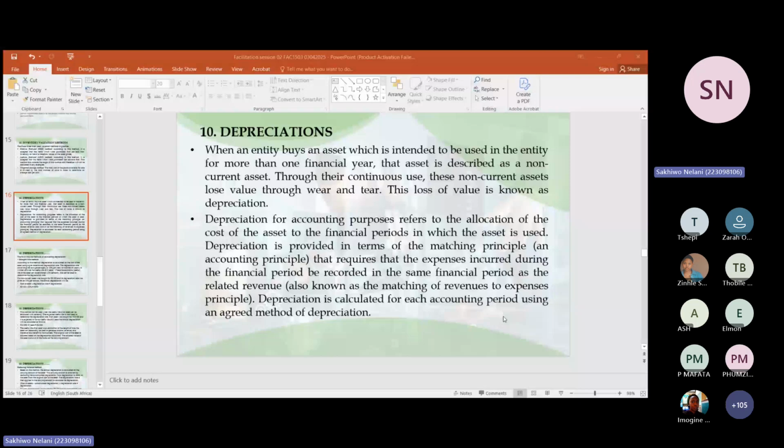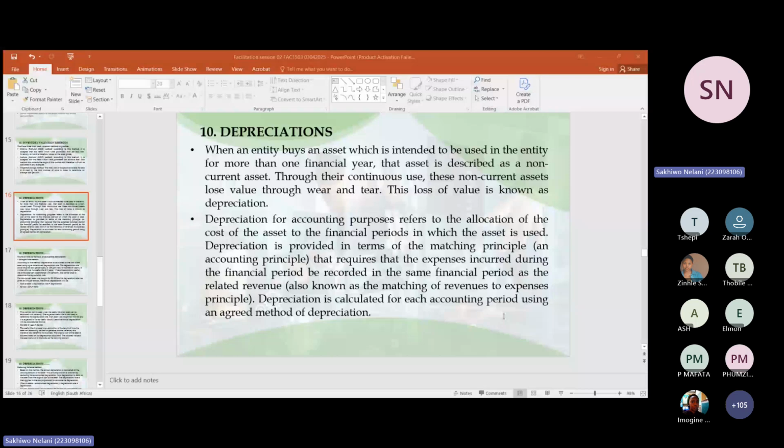Anyone who is familiar, for example with buildings, they are not necessarily losing value, they are appreciating. But cars, equipment in the form of computers, and furniture lose value. And now the accounting policy must be explicit in terms of the rate of depreciation.